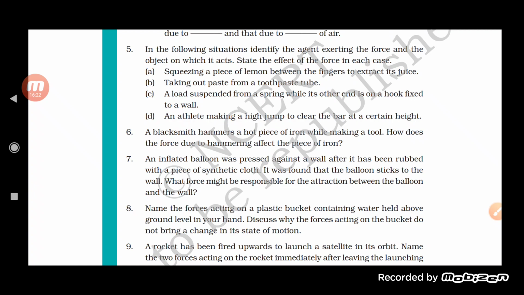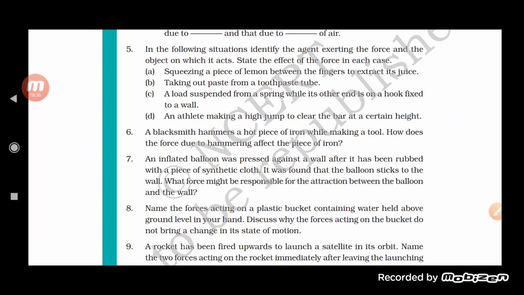When anything is rubbed against another object, it increases the number of electrons and the charges in it, and the force here will be the electrostatic force. So it is because of the electrostatic force that there is an attraction between the balloon and the wall.